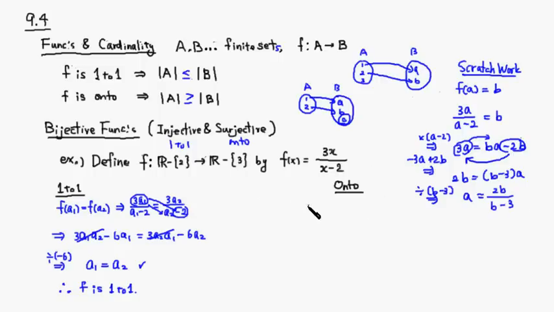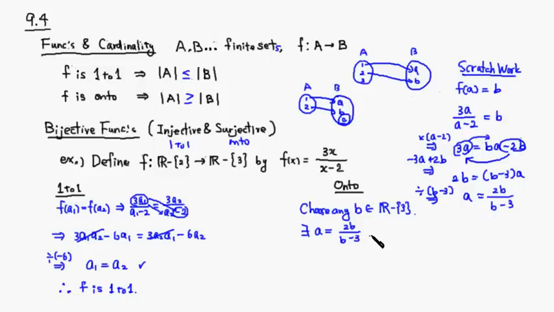So we choose any element b in the codomain, which is all real numbers except 3. Then we know that there exists a, which is 2b over b minus 3.